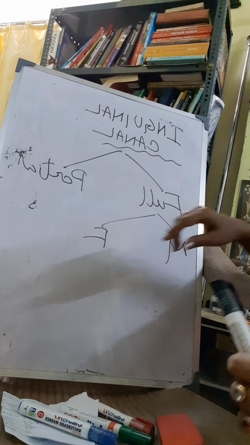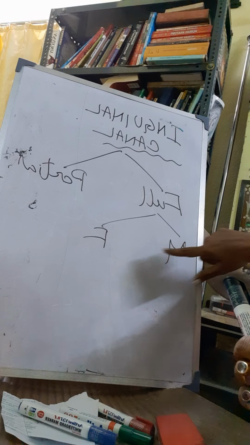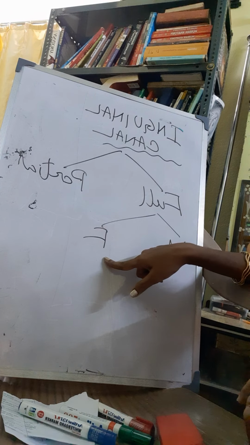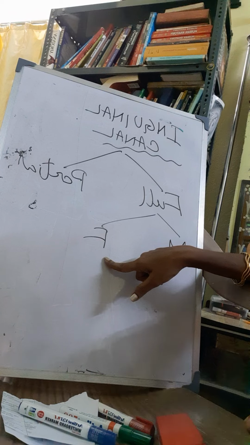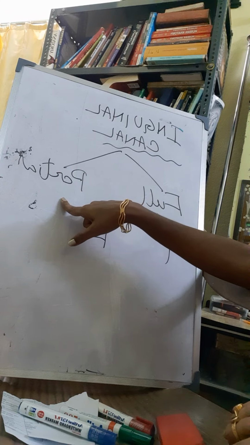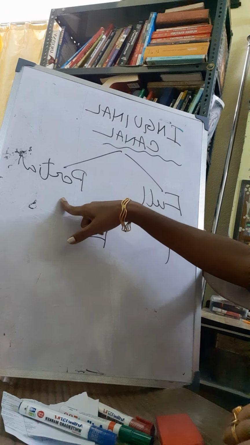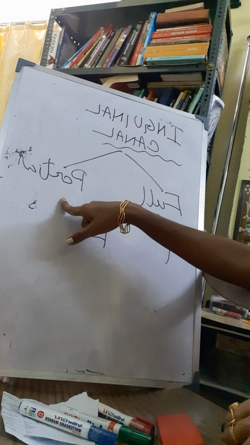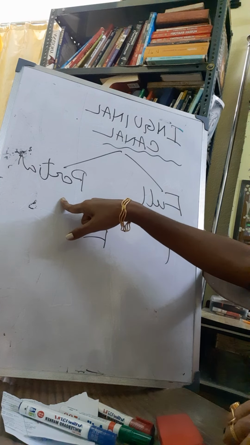Why are these full content and why is this partial content? Because in case of male, the spermatic cord, and in case of female, the round ligament of the uterus, will enter the inguinal canal through the deep inguinal ring and will come out to the superficial inguinal ring. But the ilioinguinal nerve is known as the partial content. Why? Because this nerve enters the canal by piercing the internal oblique muscle about 2.5 centimeters below and medial to the anterior superior iliac spine.